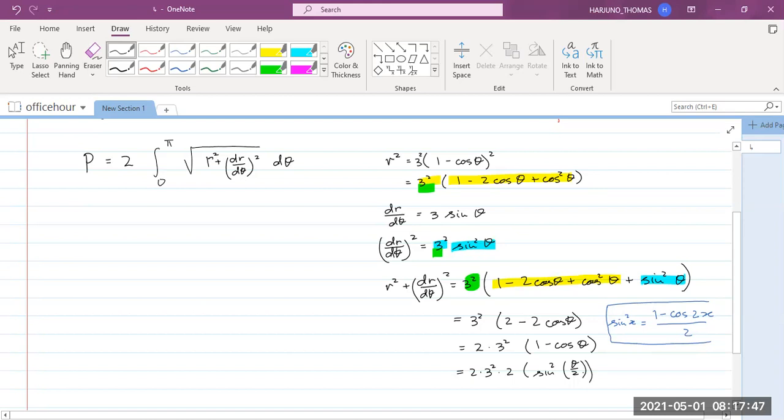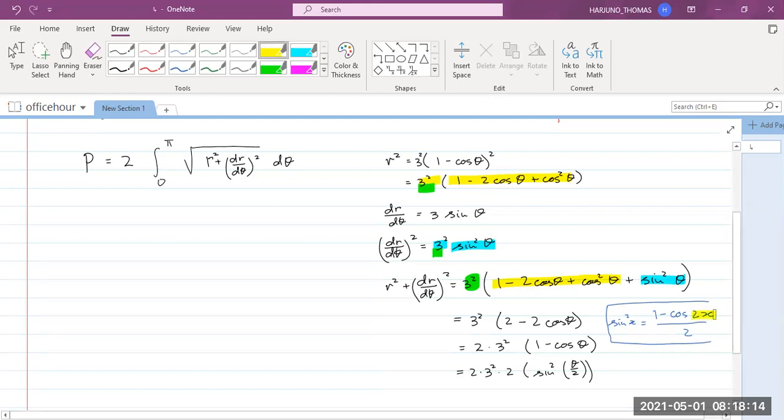Okay. Yeah, I've seen you do this before in a different problem, which I actually wanted to go over too. This is basically 1 minus cosine, we can make it into a half angle. Why half theta? Because of this.